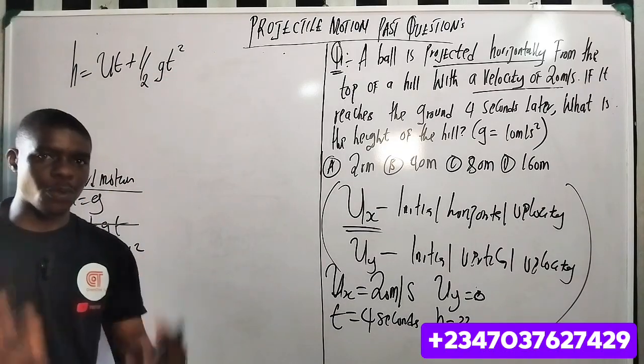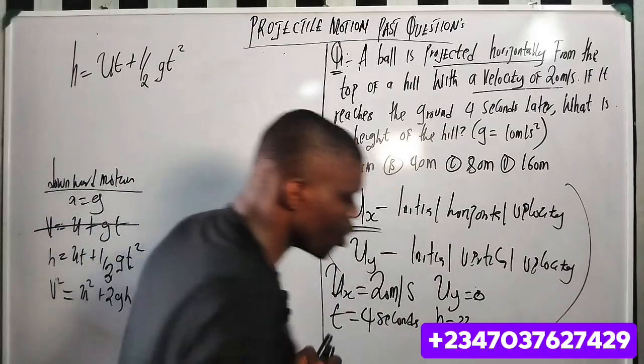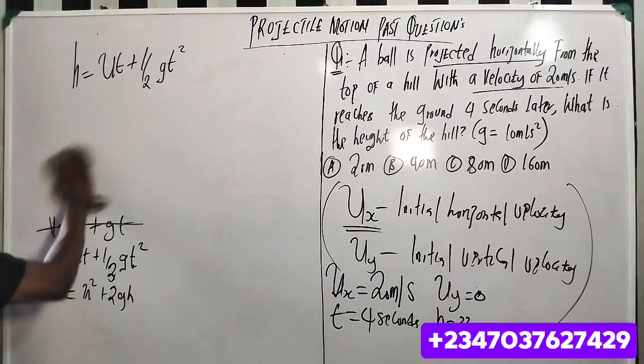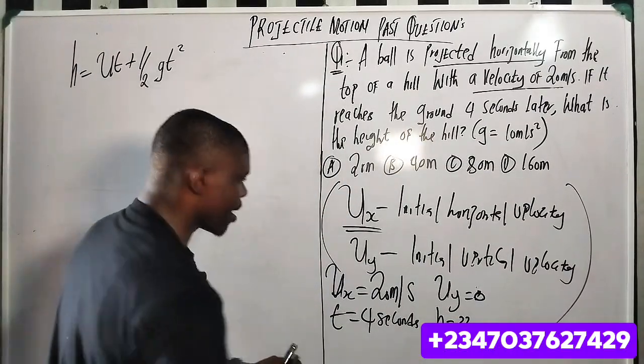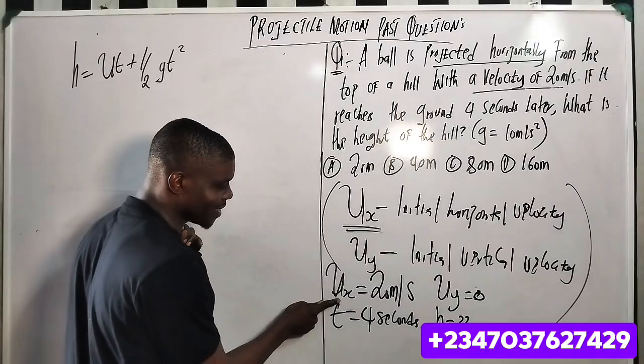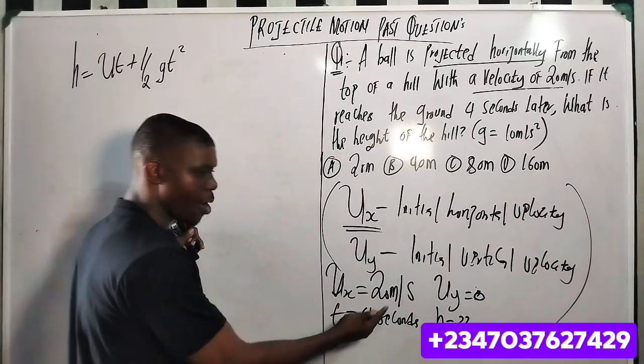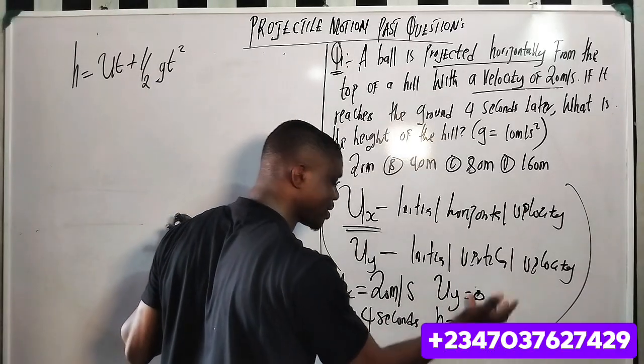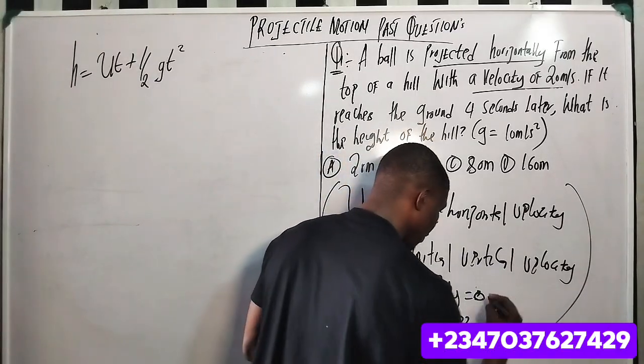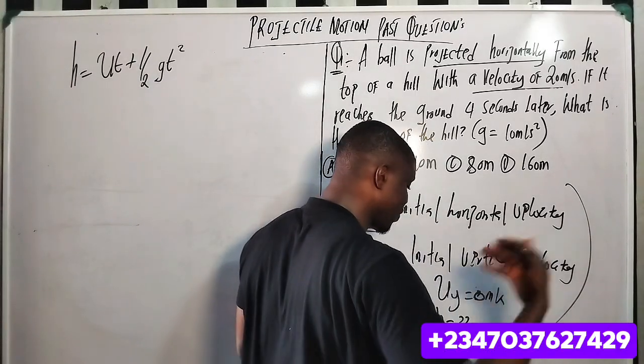Now the problem most people have is this. Remember, ux is the horizontal initial velocity, while my uy is 0 meters per second, because it's not given to you.